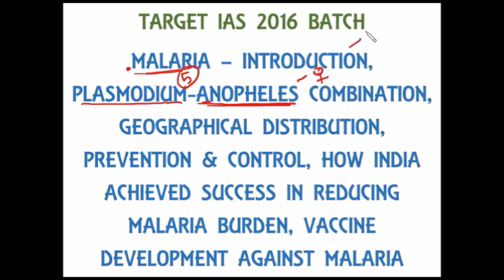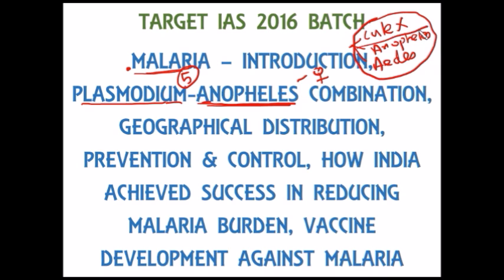And you have to compare the Culex mosquito, Anopheles mosquito, and Aedes aegypti mosquito. What are the important diseases caused by these 3 mosquitoes? One mosquito bites during the daytime, one during the dawn and dusk period, one during the night time. So each and every point is important.